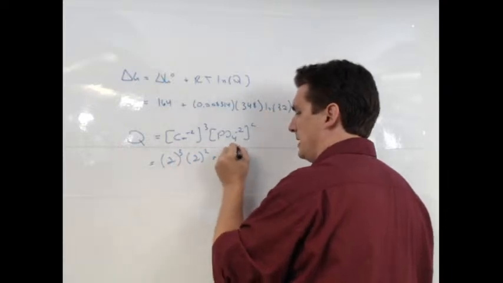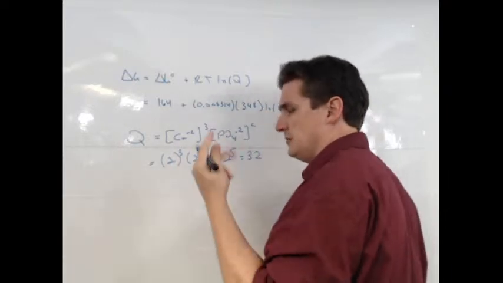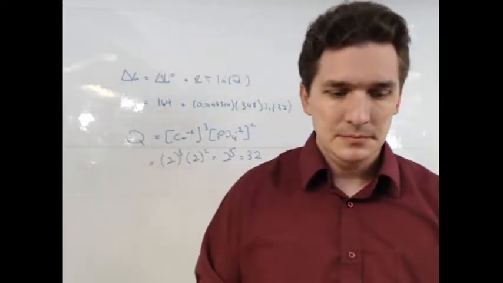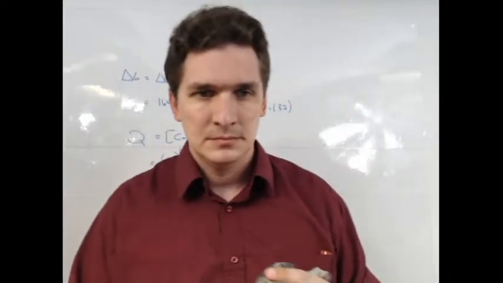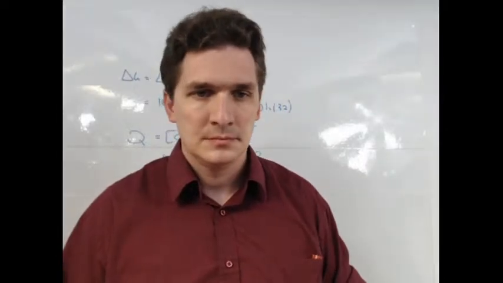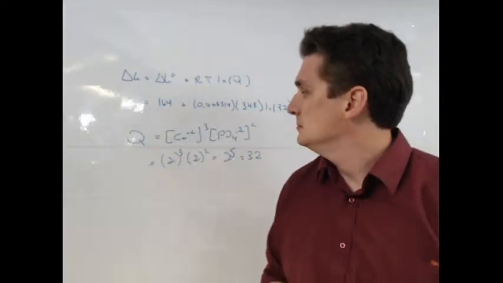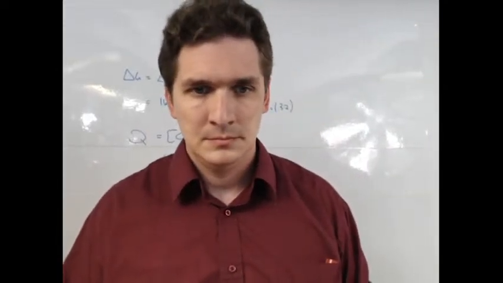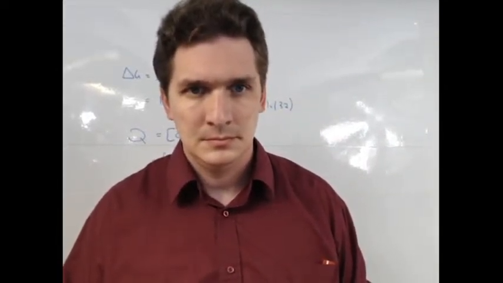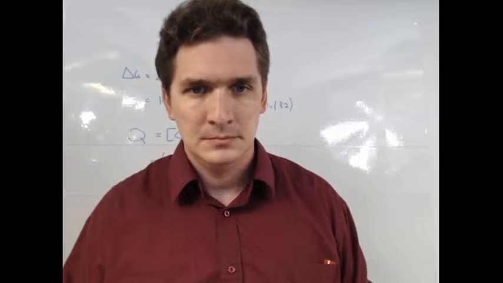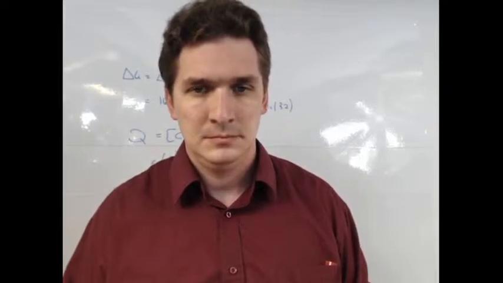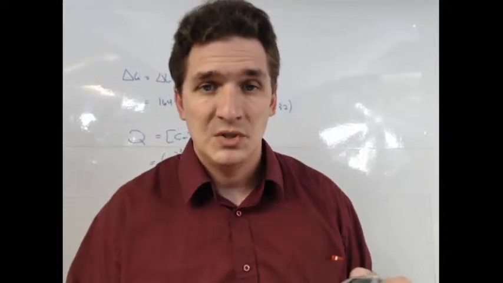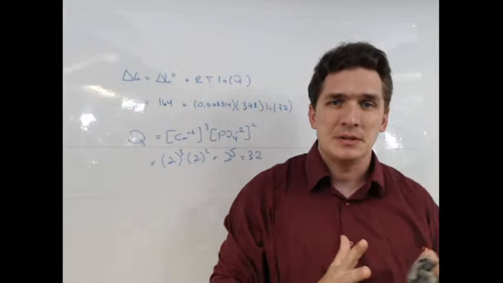So that's 2 to the 5th power, which should be 32. 2, 4, 8, 16, 32. So yeah, as far as I can tell, there's nothing wrong with the key.